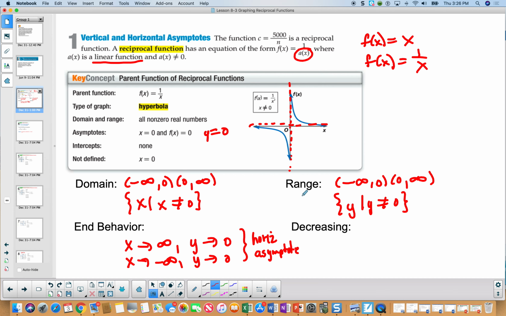Now, this function is actually a decreasing function. In other words, as x increases, y wants to get smaller. So it's decreasing on all of the domain, negative infinity to 0, and 0 to infinity. These are all the properties of the reciprocal function.